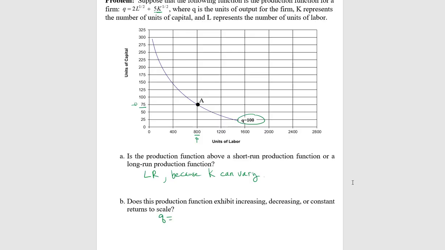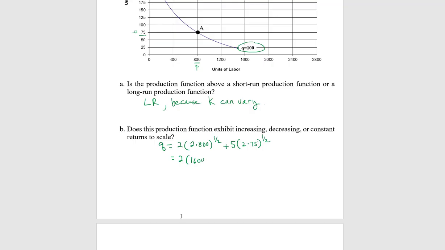So our production function is Q equals 2 times the number of units of labor. We're going to double our 800, so I'm just going to put it in as 2 times 800 so you can actually see this happening here. Raise that piece to the 1/2 power, plus 5 times 2 times the units of capital. I'm doubling my capital here. Also raise that to the 1/2 power. Then we really just have to do some basic arithmetic, and we can come to an answer.